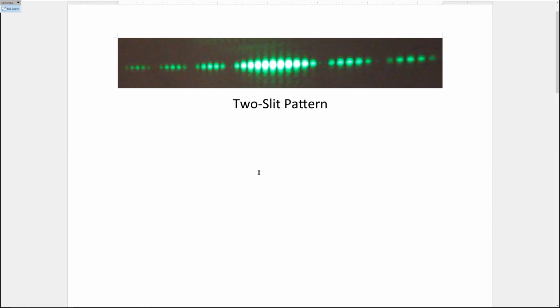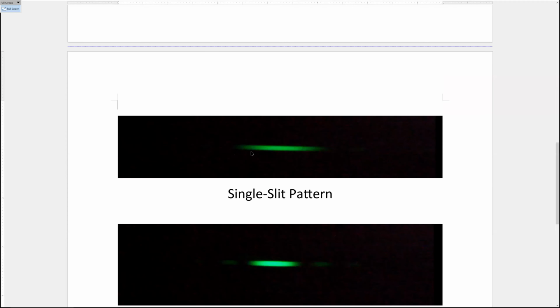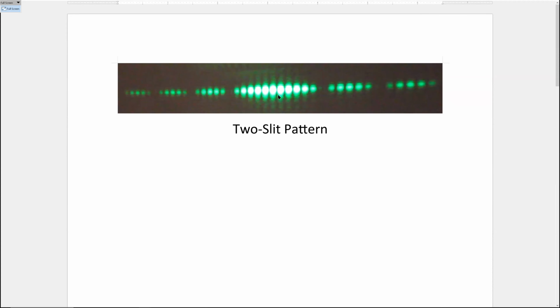And it turns out that the two-slit pattern can be understood if we realize that when you have a single slit, this is a single slit pattern, and this might be the pattern that you get if you just covered up one of the slits from this pattern.